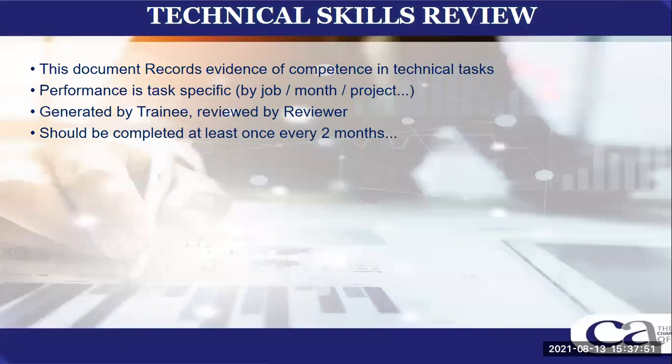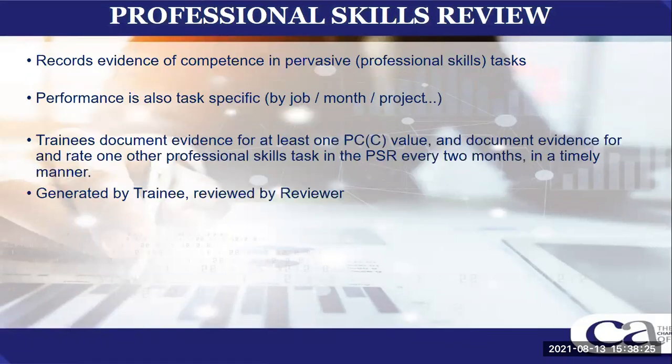It is important to note that the trainee should complete at least one technical skills review every 2 months. So what does this mean? It means that the ANA, or the assessment needs analysis, should include reference to at least 3 technical skills reviews that were submitted by the trainee and reviewed by the reviewer.